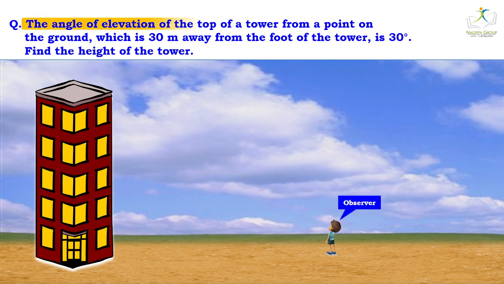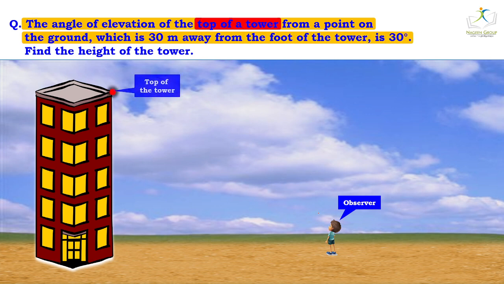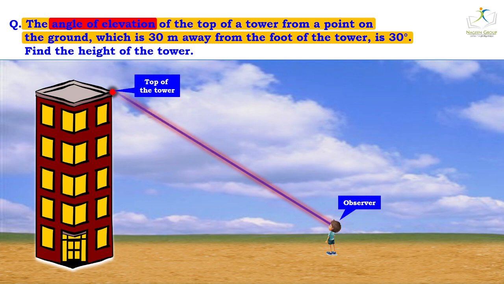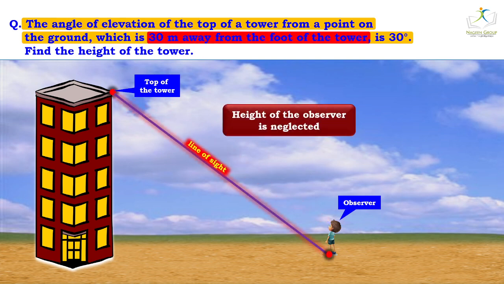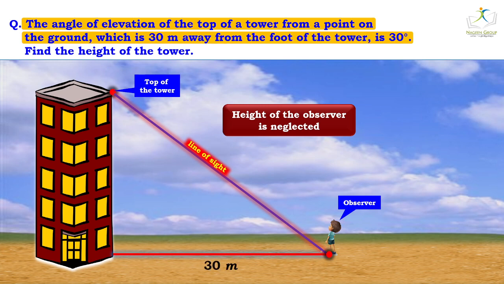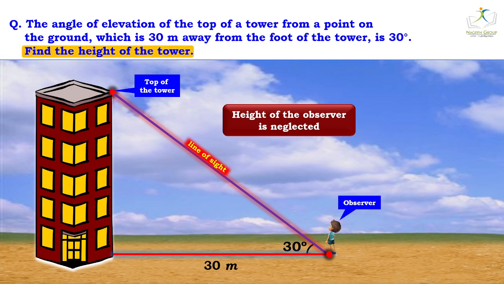Now the angle of elevation from this point to the top of the tower is 30 डिग्री, राइट? ये पॉइंट कंसिडर किया और ये 30 डिग्री विद द ग्राउंड एंगल बना रहा है, राइट? It is 30 मीटर away, जो टावर है वो पॉइंट से 30 डिस्टेंस पर है. Now angle of elevation is 30, so we need to find out the height of the tower. So this is the figure.